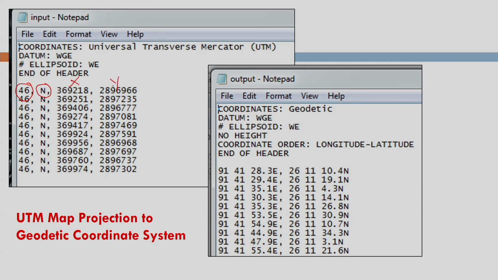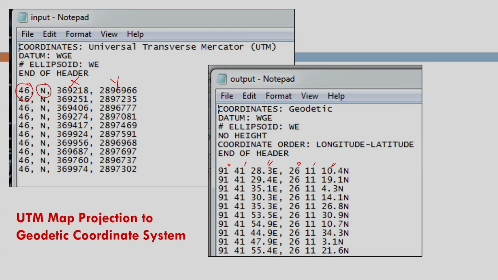Now I am converting back and I am getting this, which is 21.6 degree latitude, 11 second, 10.4 seconds, and north and east it is being shown here. So I read it again, 91 degree, 41 minute, 28.3 second east, 26 degree, 11 minute, 10.4 second north.